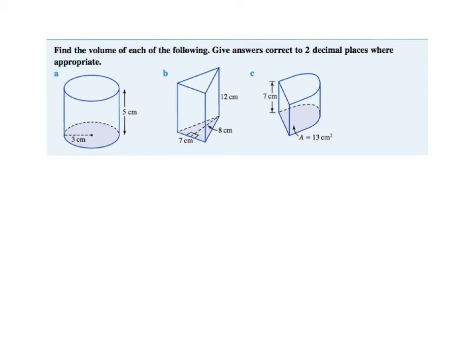So I'm going to do the first, find the volume to 2 decimal places where appropriate. So I know that volume is always area of face times the height, okay? So I've got the height here, and I can see the area of the face is actually a circle. So the circle times height. Now, you might not have come across area of a circle yet.